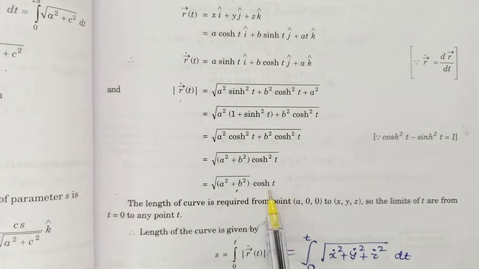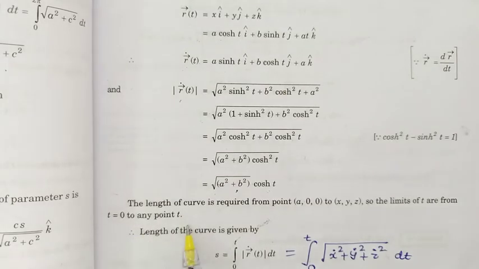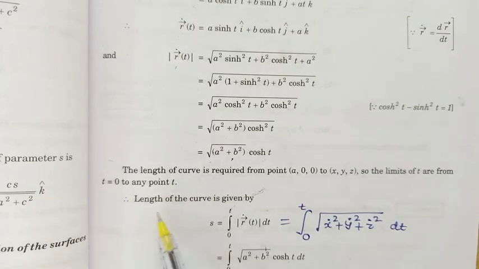Now we are to find the length of the curve from the point a, 0, 0 to the point x, y, z. Let us take the limits of parameter t from t is equal to 0 to any point t. By the formula for arc length, the length of the curve is given by s is equal to integral 0 to t of magnitude of vector r dot dt.